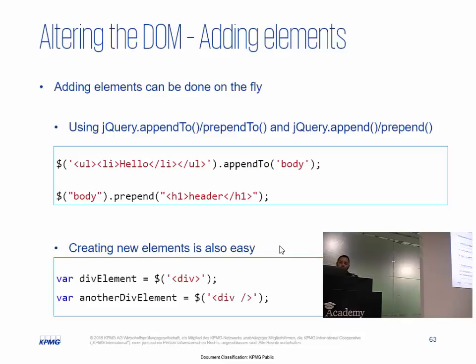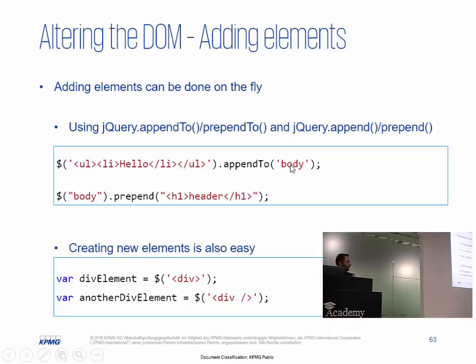Okay, so if you want to create elements, again, very simple. You can just put a string representing your HTML that you want and put it in brackets. It will immediately become a jQuery element, and you can append it to any element you want. So we are expecting to have in the document one element which has the tag body.